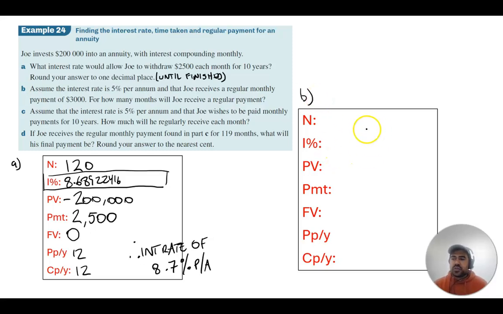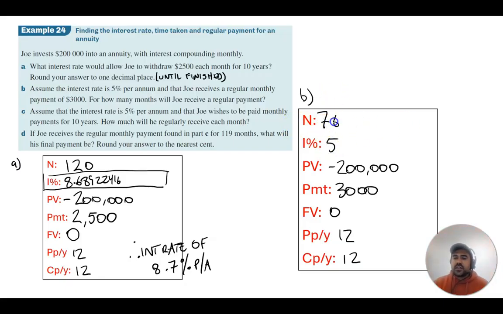So let's put in the information we do know. Present value, 200,000. He's getting $3,000 per month. He wants to see how long this will take until the future value is at zero. The 12 compounds, 12 payments. And the interest rate is locked in at 5. How long is this going to take? 78.26397 months.